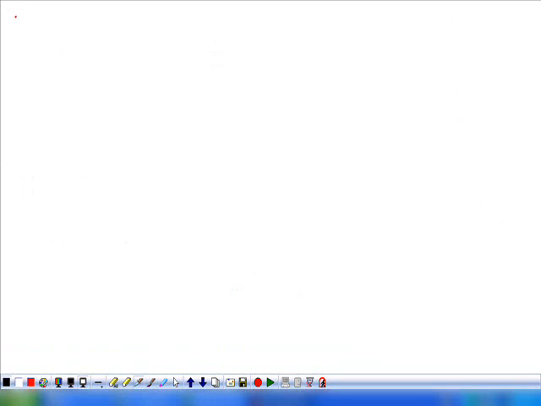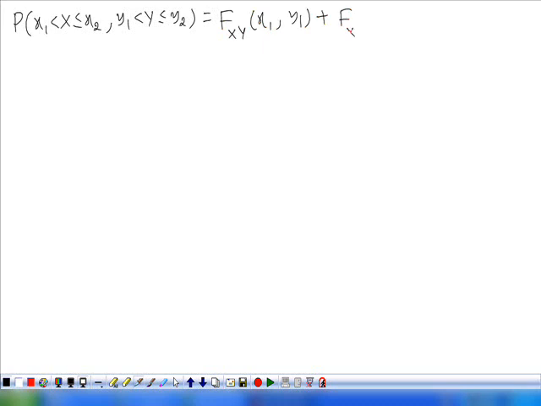Prove this also. See, we already know that the probability of x1 less than x less than or equivalent to x2 and y1 less than y less than or equivalent to y2 is equivalent to fxy of x1 y1 plus fxy of x2 y2 minus fxy of x1 y2 minus fxy of x2 y1.